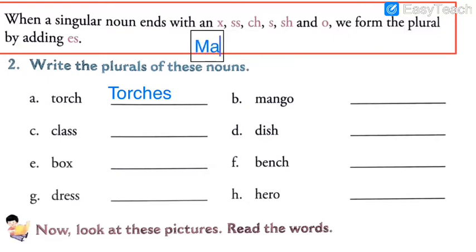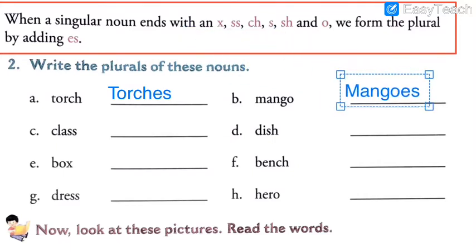So, mango will become mangoes by adding es. Those who are writing in a rough book, I hope they are writing it properly. Torch, torches, you can put the dash or you can put equal to, choice is yours. Mango, mangoes by adding es.